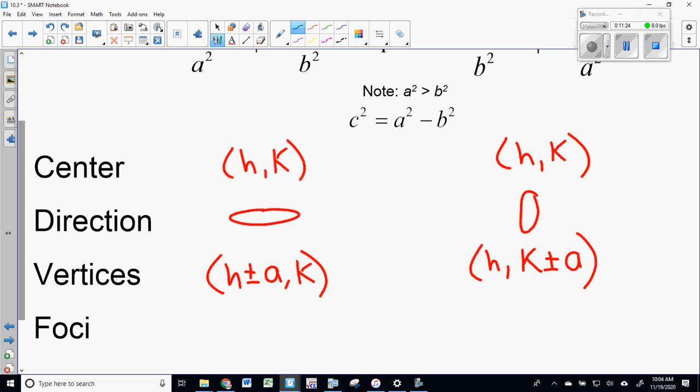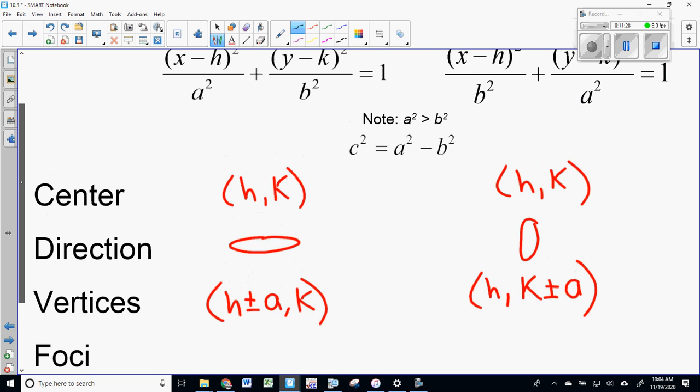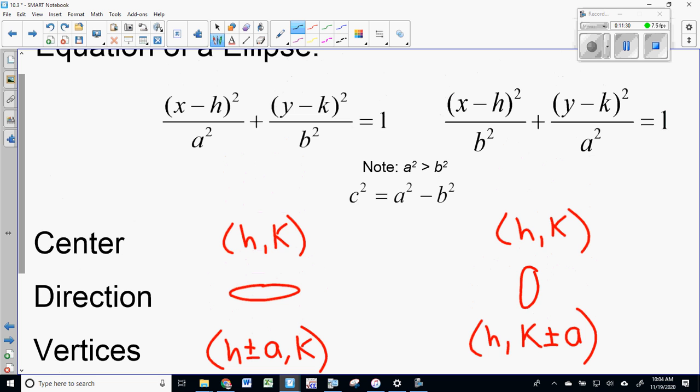And the last thing we need is our foci. Now, to find our foci, we're going to need to find C. There is how we find C. What's wrong with that? It's like a messed up Pythagorean theorem because it has a negative in there, right? It's like A squared minus B squared is C squared.